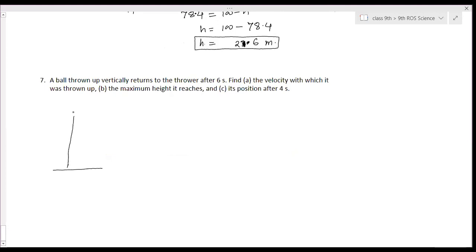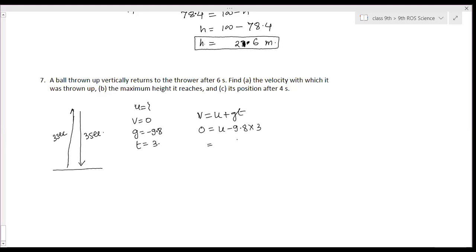So we'll go upward in 3 seconds and then come down also in 3 seconds. That's the reason they have given 6 seconds. So we have to calculate. V is equal to 0, g is equal to minus 9.8 and t is equal to 3. V is equal to u plus gt. V is 0, u minus 9.8 into 3.